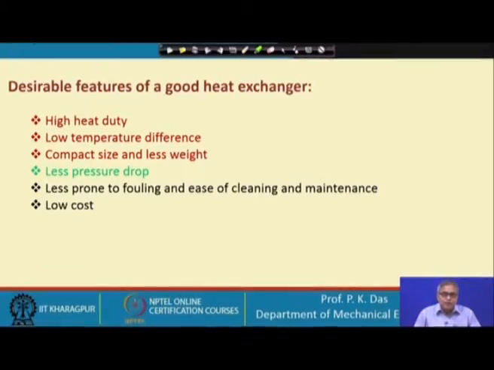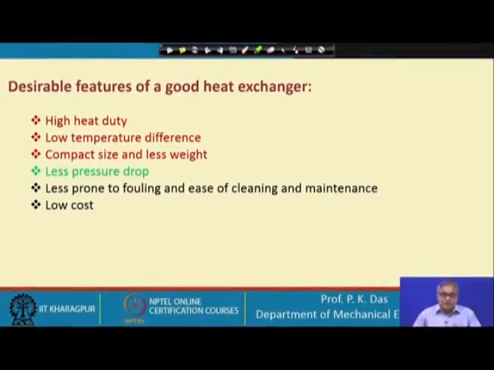A heat exchanger should have a high heat duty. Of course, it should be qualified that for a given volume or given envelope shape, it should have the highest heat duty as far as practicable by the technology available.